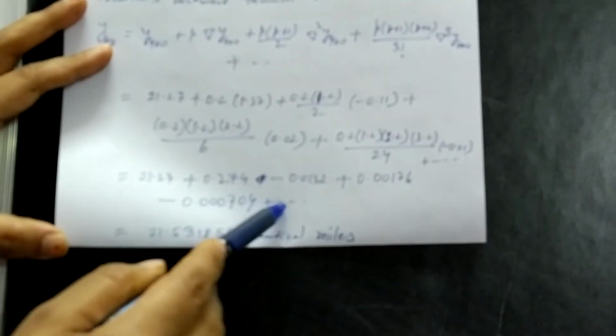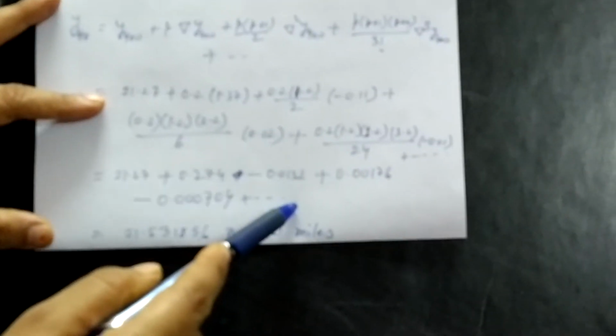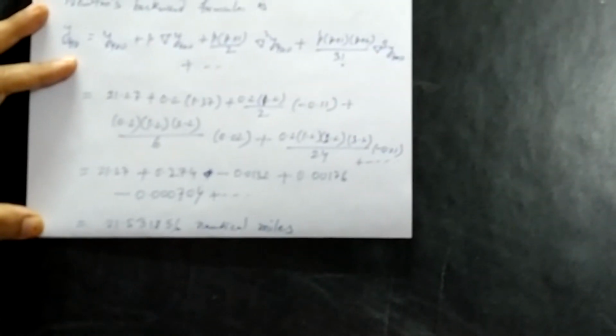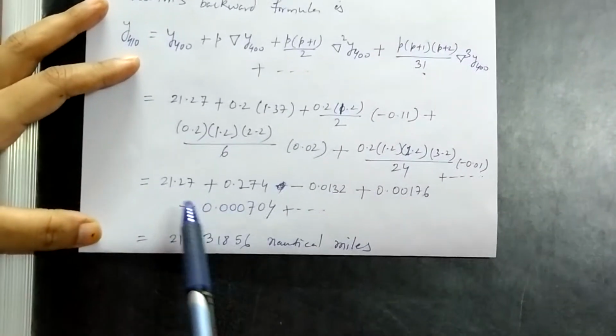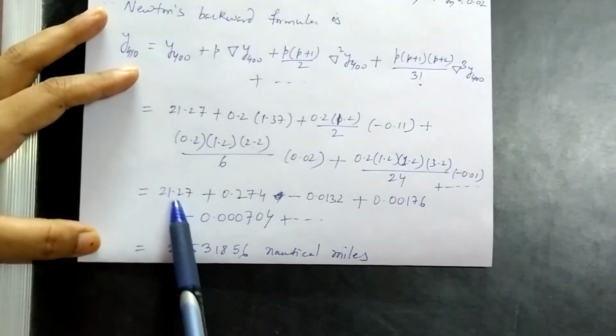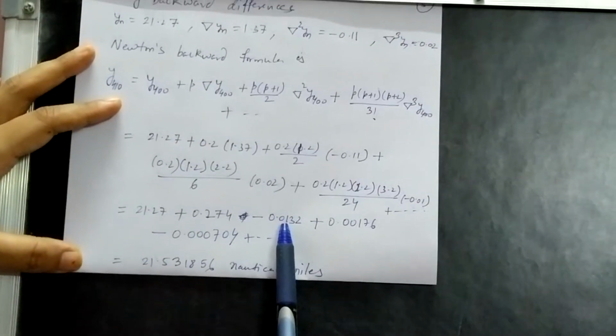Now here I have left dot dot dot. What is the significance of this? Observe the values: sometimes it is possible that not all values are required. We see over here this value, this value, this value and this value.